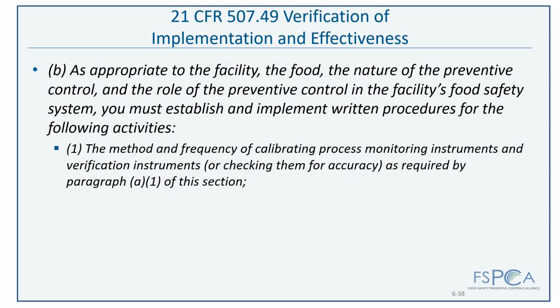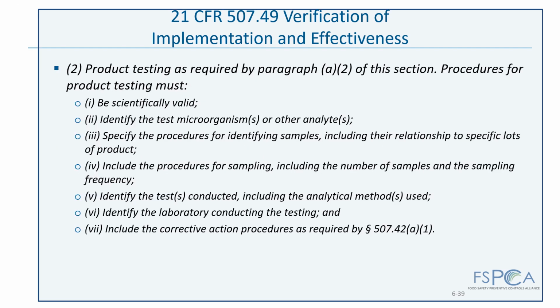Specifically, when we're talking about calibrating instruments, we need to make sure that we have established procedures for the methods of doing that, and then also how frequently that is going to be. Again, like I said, frequency isn't determined in this regulation, but it needs to be adequate for the level of risk that your facility is in, or the level of risk associated with that hazard specifically.